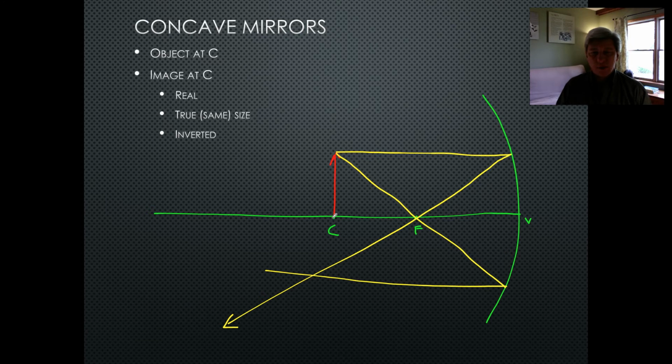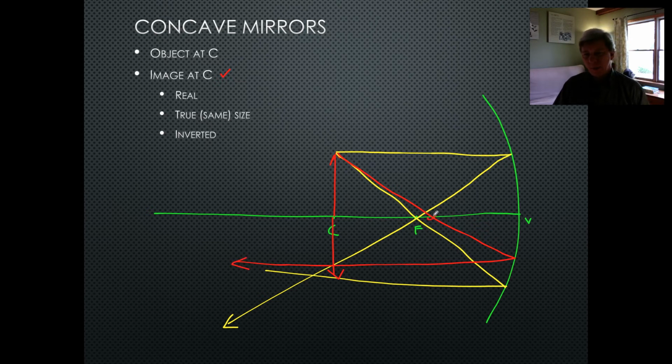But what you should have seen was that the image was right here, okay? And so in this case, the image is at point C, because that's where the two reflected rays should have come together. All right, something like that.